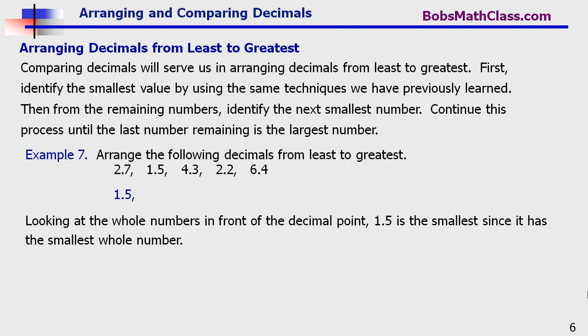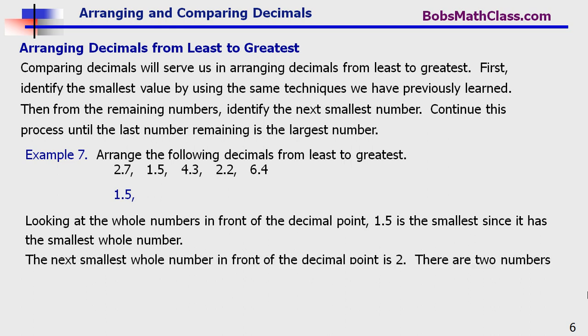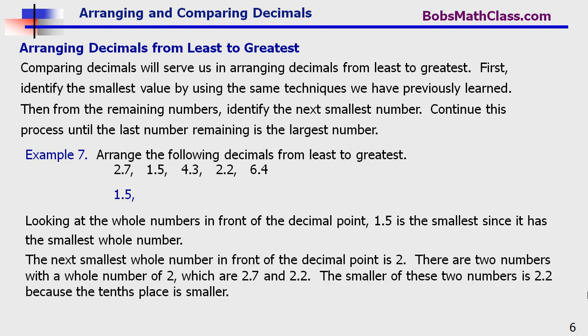Well, there's two numbers that have a 2 in the whole number position, in the ones place. This is 2.7 and 2.2. Which of those is the smallest number? Well, we look at the tenths place, and 2.2 would be the next smallest number, because 2 is smaller than 7. Then the next number would be 2.7.